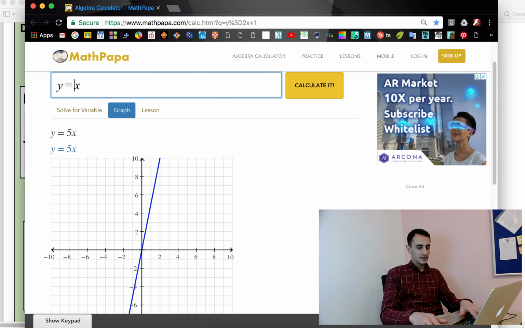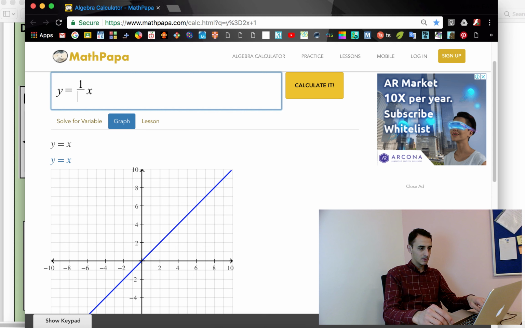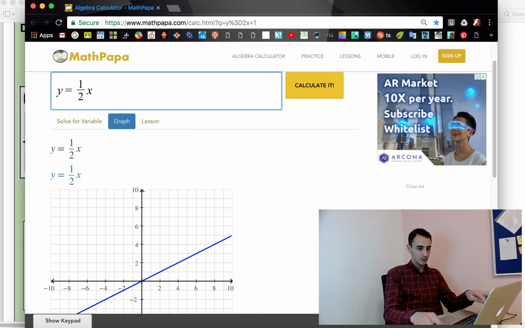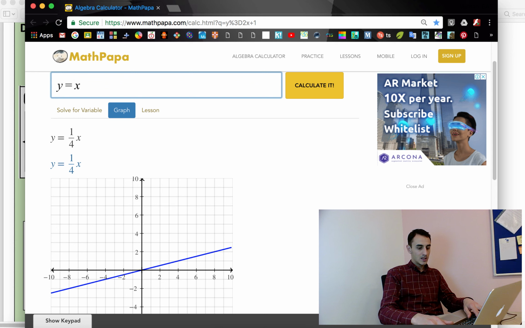Or let's write 4x. Let's write 3x. Let's write just x. Let's write a fraction if we can do, maybe 1 over 2. You see? And let's write 1 over 4. You see?